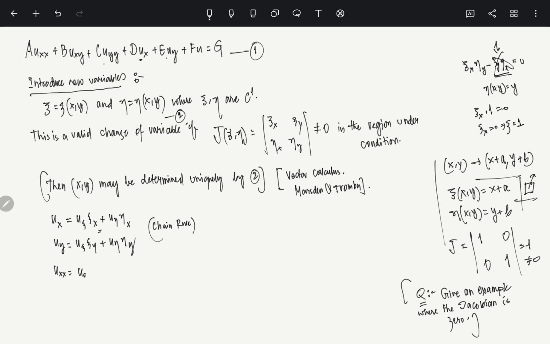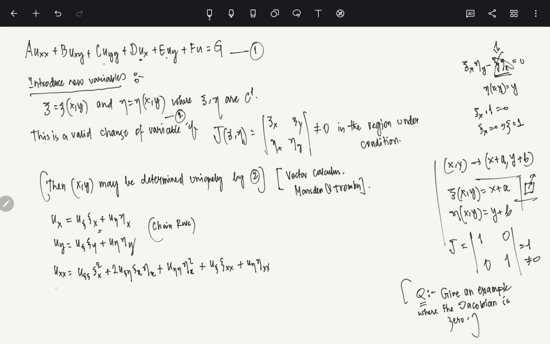It becomes u xi xi times xi x square plus 2 u xi eta xi x eta x plus u eta eta eta x square plus u xi xi xx plus u eta eta xx.